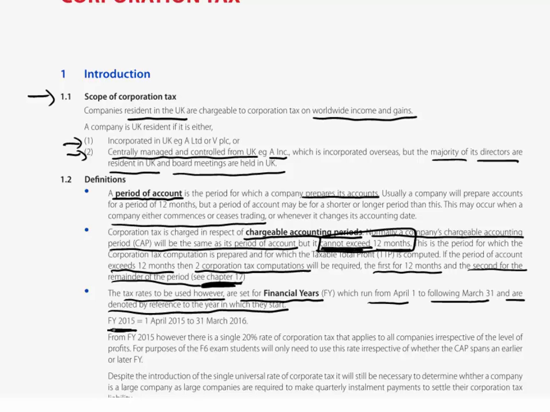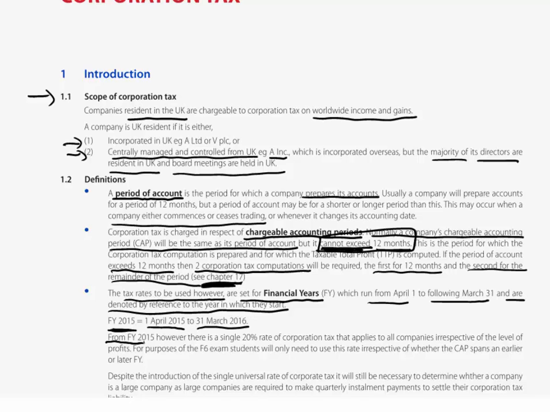So if we talk about financial year 2015, it begins on the 1st of April 15, denoted by reference to the year in which they start, FY15, 1st of April 15, through to the 31st of March 16. Now what these are for, the Chancellor, HMRC, sets the rates of tax by reference to the financial years here.